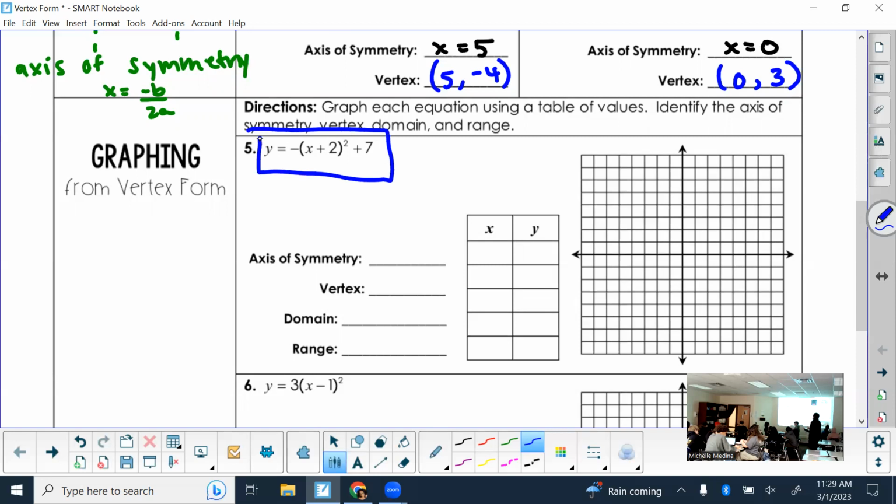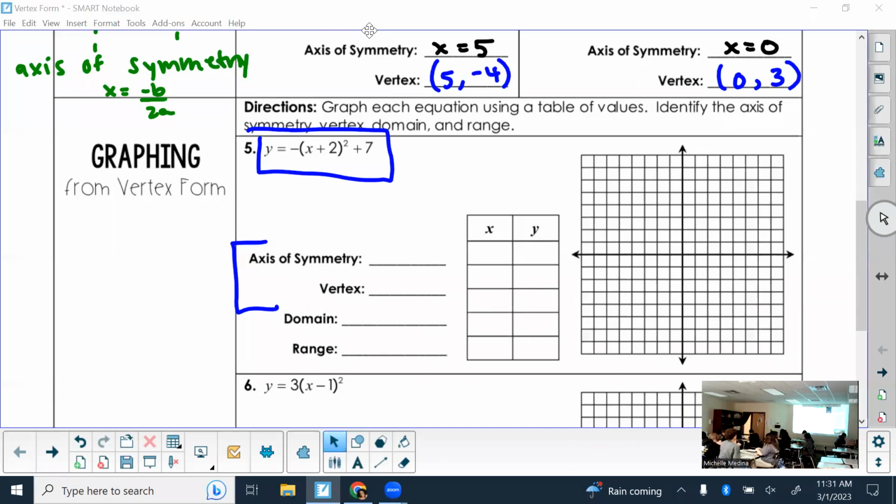That makes it easy. So for this number 5, identify your axis of symmetry and vertex real quick, just on your finger. All right, so axis of symmetry, let me ask table 6. Axis of symmetry is what? That's 2?